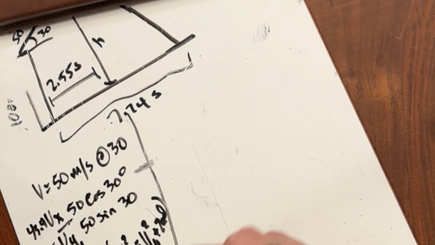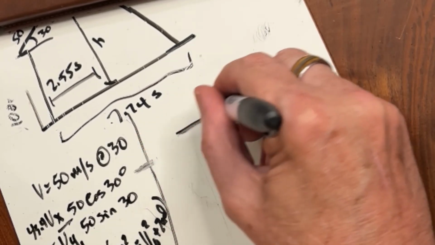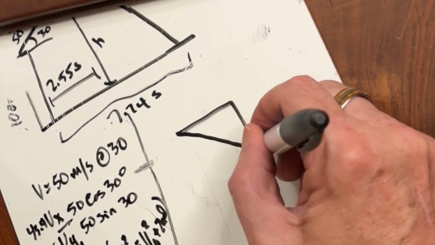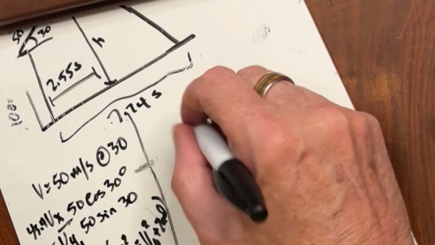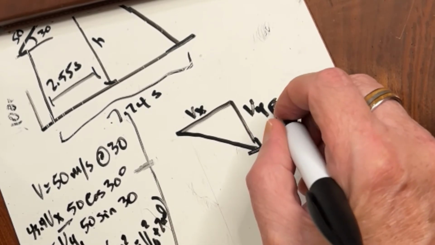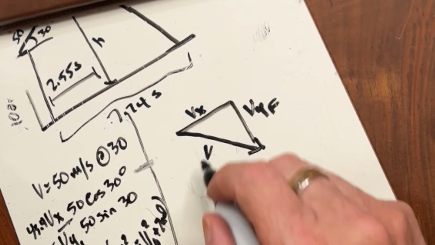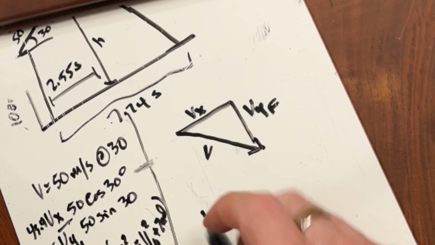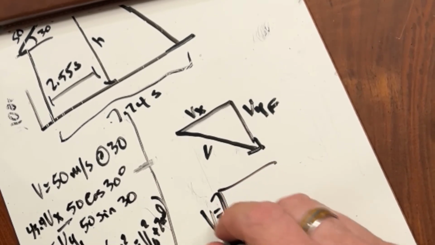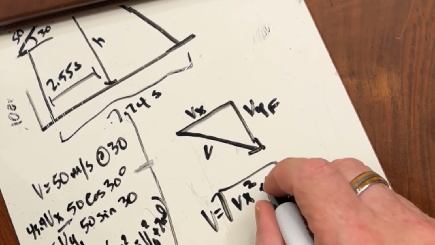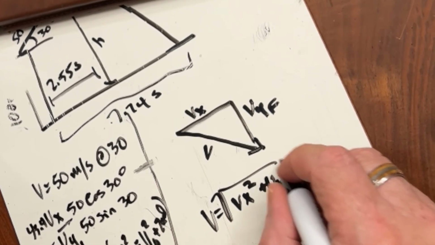Well, the only thing that we have yet to figure out is what is the velocity and angle that the ball hits the ground. Well, this is Vx, this is Vy final, and that would be the magnitude of the velocity. So let's just go ahead and figure this out. V equals the square root of Vx squared plus Vy final squared.